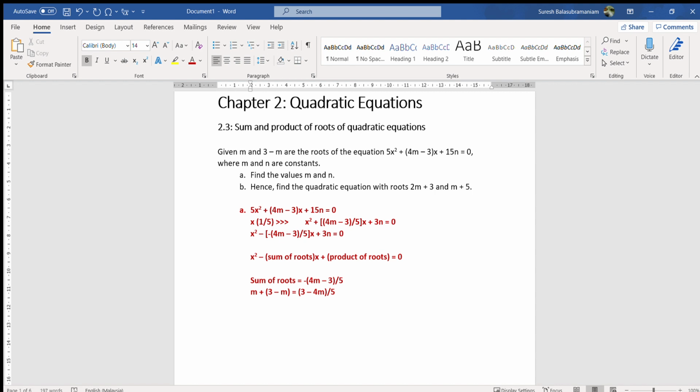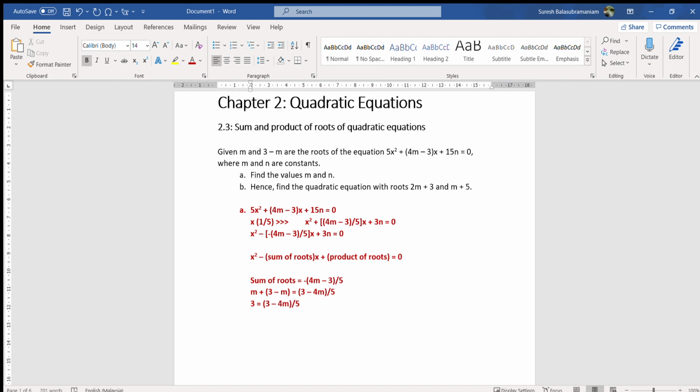On the left, m minus m is 0, then plus 3, so we have only 3. So 3 equals (3 minus 4m) over 5.